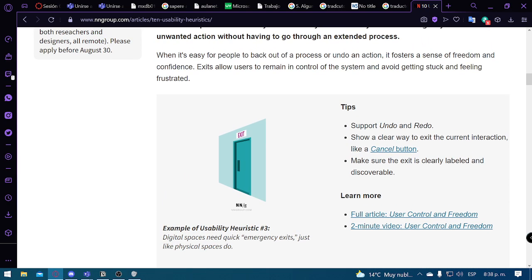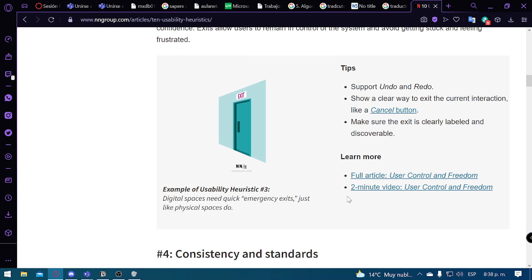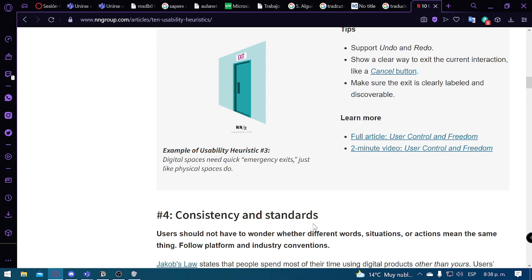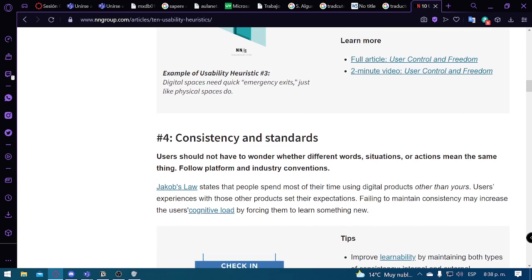We also need these kinds of things in web applications because if the user did something wrong, he has to be able to leave that place and go out from that place with an emergency exit.